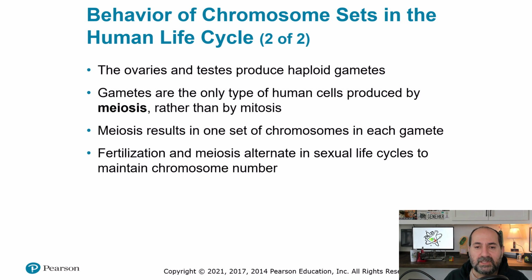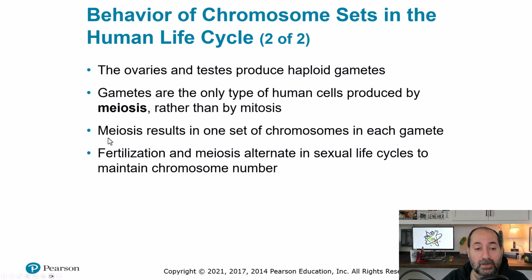When the somatic cells that make up the majority of your body divide, they divide by mitosis. But specifically in the reproductive organs, this is where meiosis occurs, and that's only to form the sperm and the egg, the sex cells.